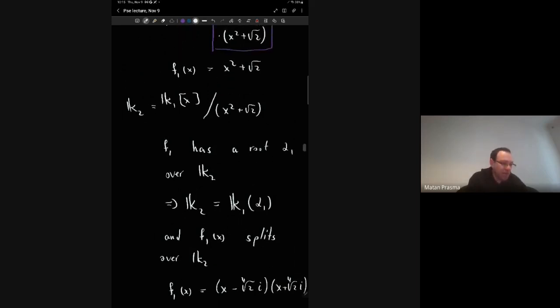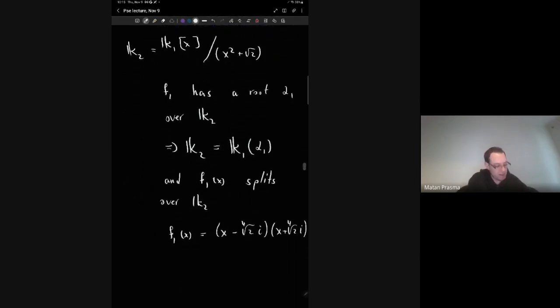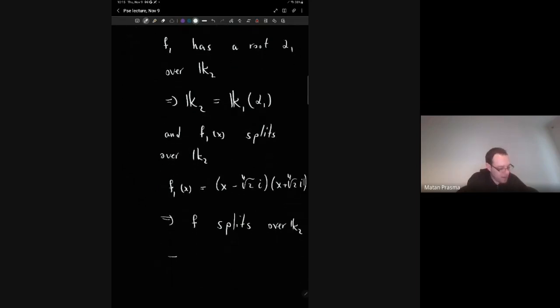And since F1 splits, I get automatically that the original polynomial F splits, and we get that K2 is the splitting field, at least a splitting field, of F over Q.